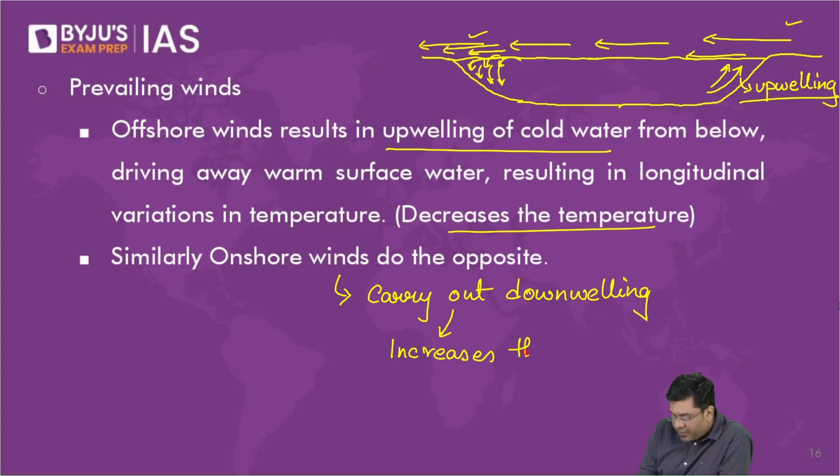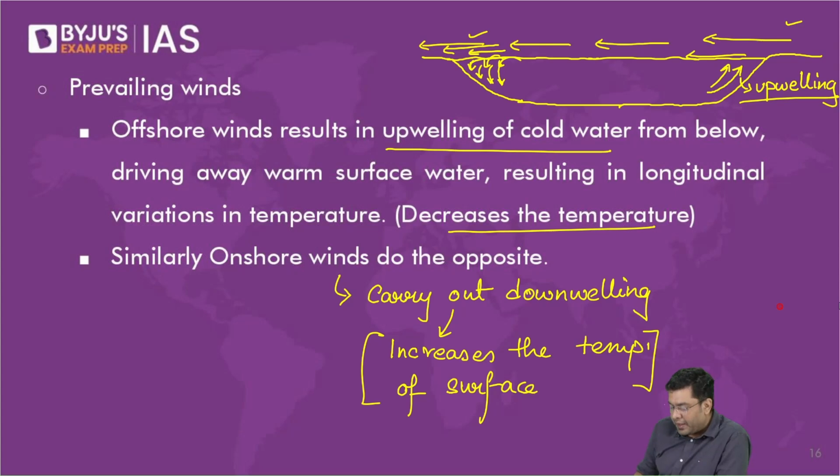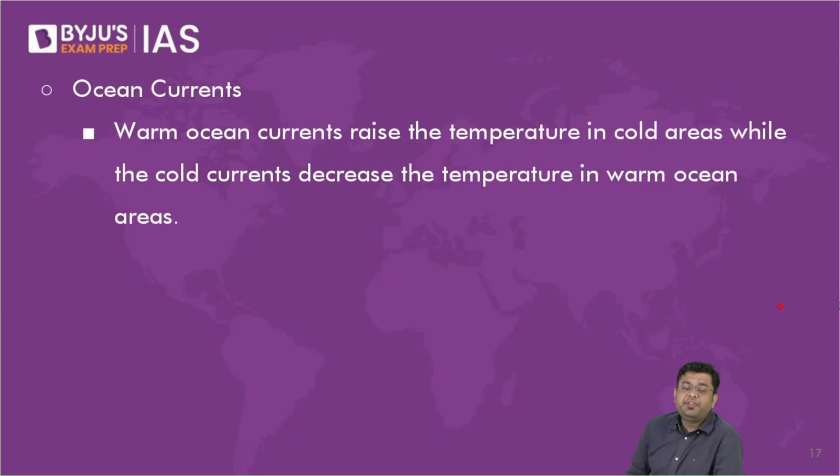So onshore winds carry out downwelling, and that increases the temperature of the surface.